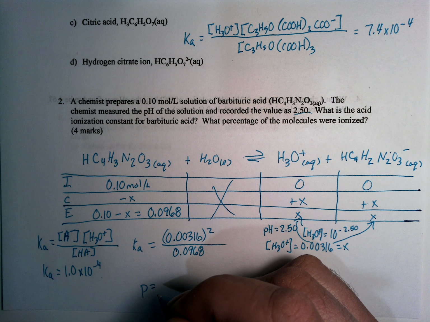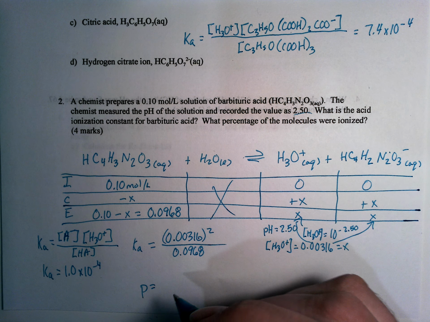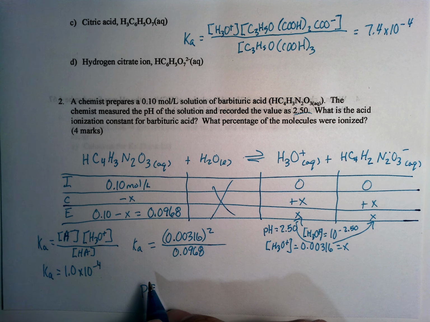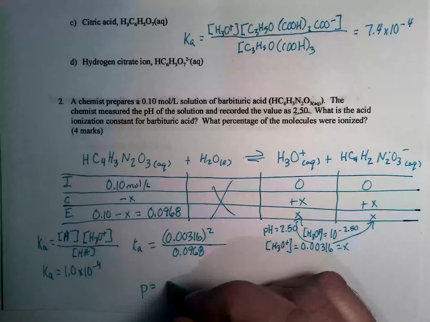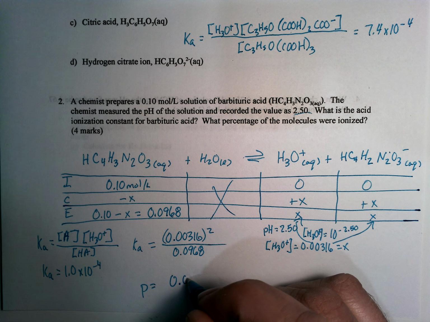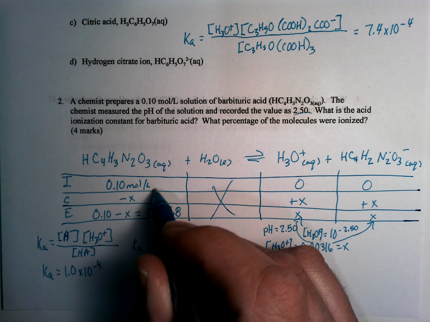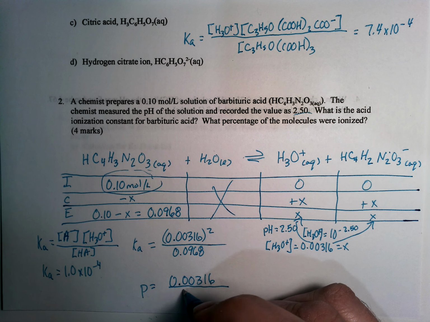Then for our percent ionization, it's our hydronium value, 0.00316, divided by our initial weak acid value. We always want to use our initial HA value.